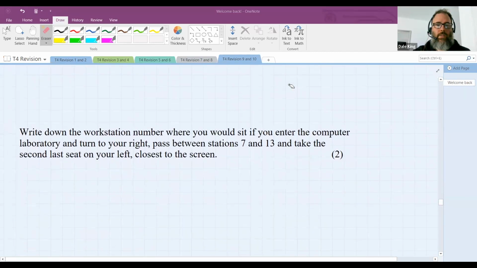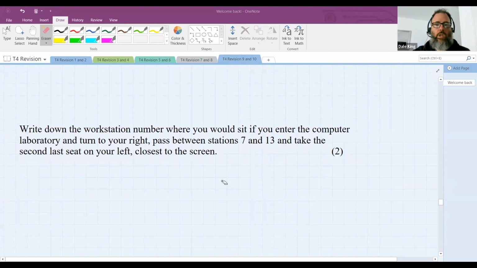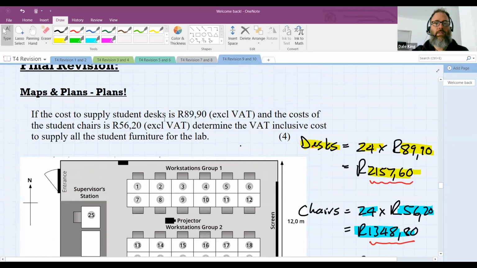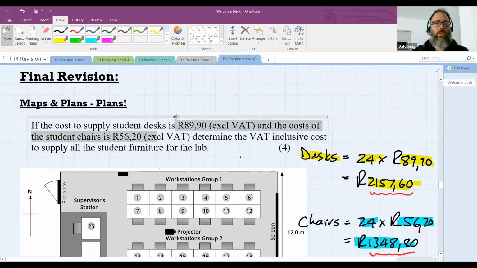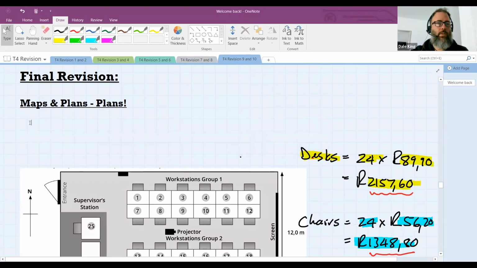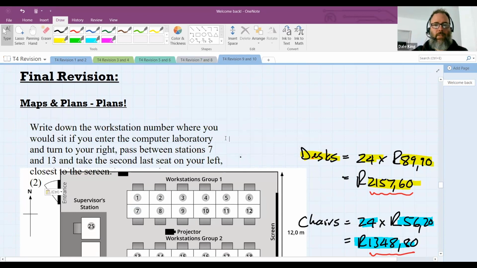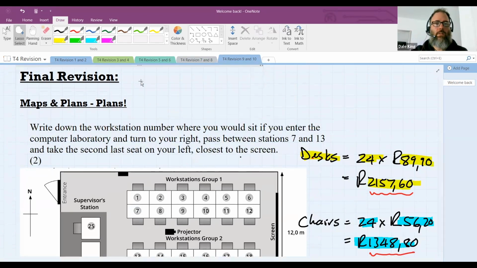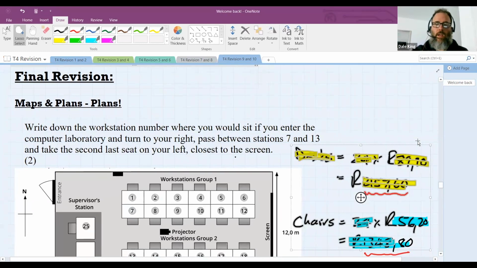Here we go. Write down the workstation number where you would sit if you enter the computer lab. Oh, all right. Let's take this up. You see, this is the difficult thing about maps and plans, you have to have the question with you all the time. So I'm going to pop the question up here above, and remove all this nonsense on the side here.